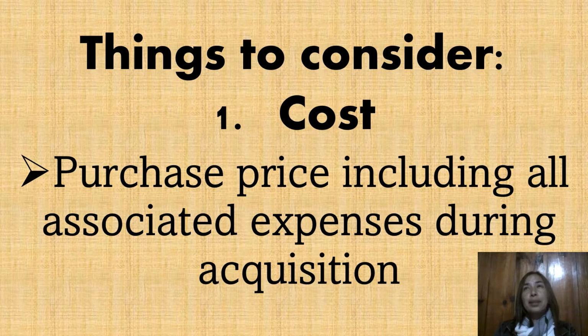So for example, we are going to buy a refrigerator. Kasi hindi niyo kayang buhatin from the store going sa bahay ninyo, pinadeliver ninyo and may additional cost. So the cost of the refrigerator will be the purchase price, which is sabihin natin 20,000 plus delivery fee na 1,000. So your refrigerator would cost 21,000. That would be the cost.